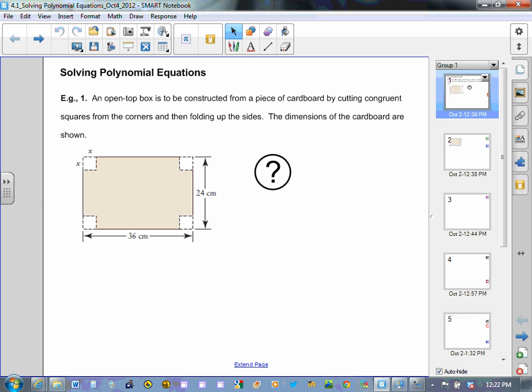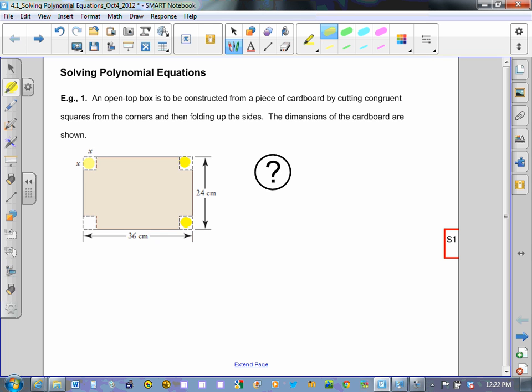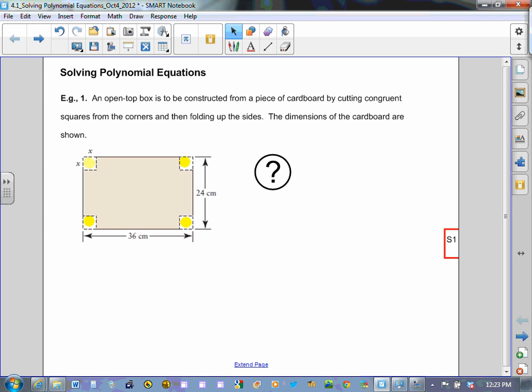So try to imagine how these squares, which are congruent, that is, they are all of the same size, they all have the same area, are going to be cut out, and then the sides are going to be folded up to create a box. The dimensions of the box are provided. You can see a full width without squares removed of 24 and a full length of 36.